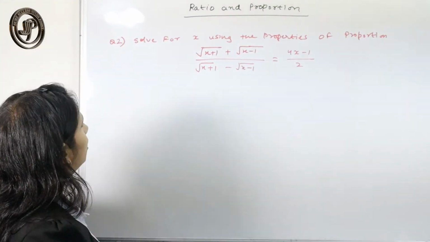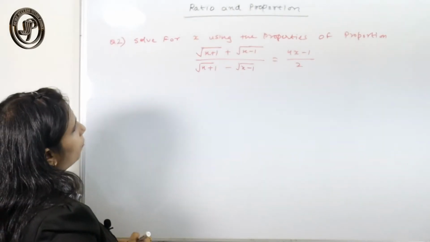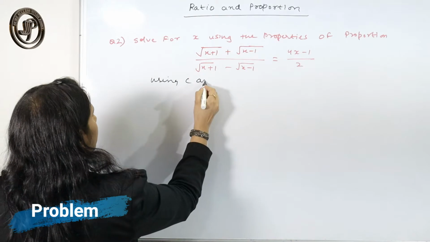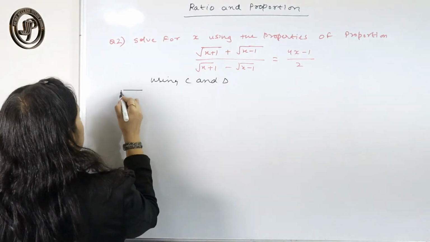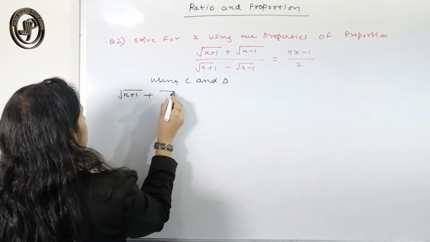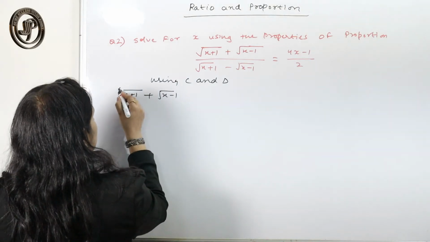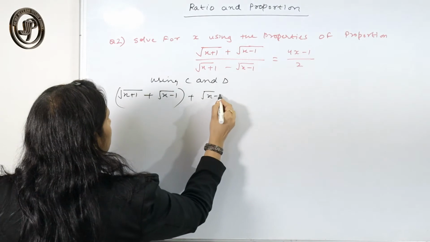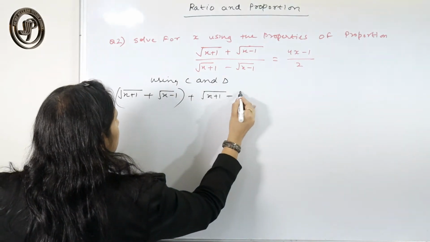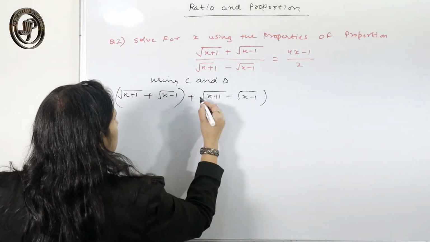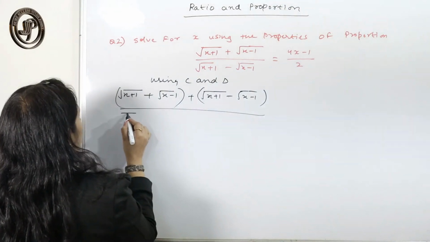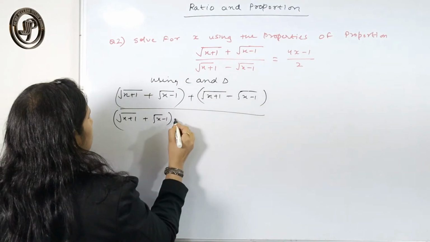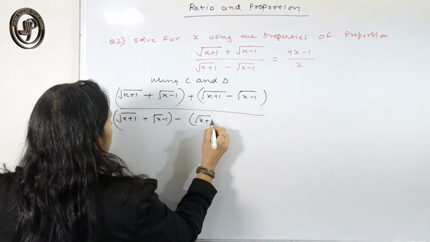So next question, again solve for x using the property of proportion. Here you can apply componendo and dividendo. In the same way we proceed: numerator plus denominator upon numerator minus denominator.